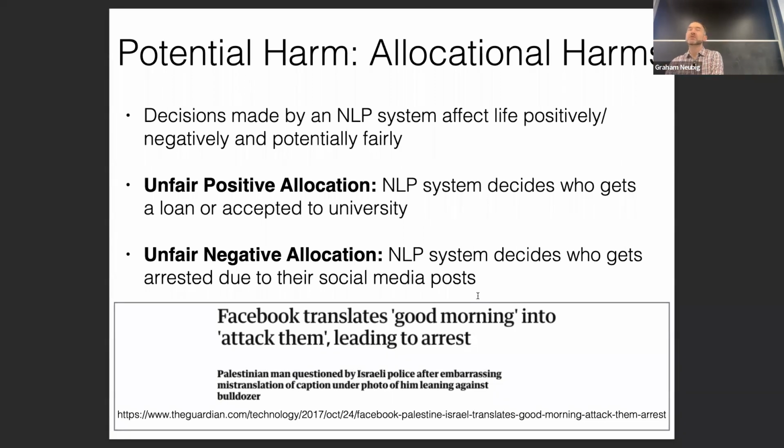And allocational harms, to give some examples, unfair positive allocation is if an NLP system decides who gets a loan or gets accepted to a university, but there's some sort of bias in this system that causes it to make the decision based on criteria other than the ones that it should be making the decision on.